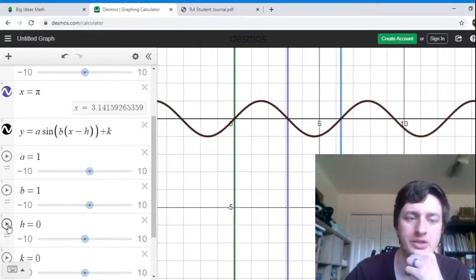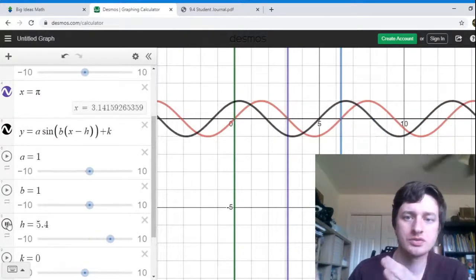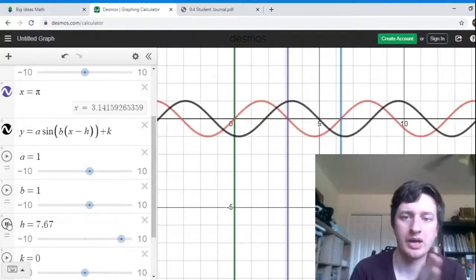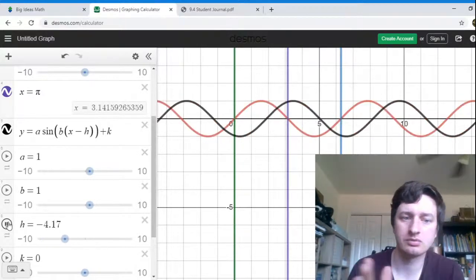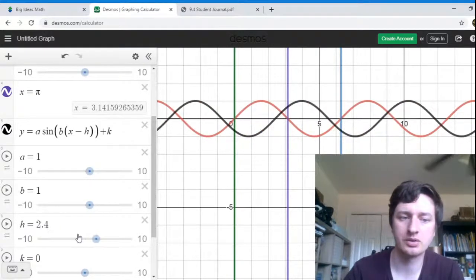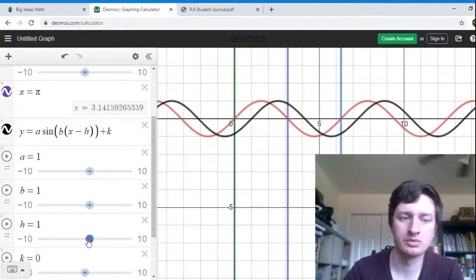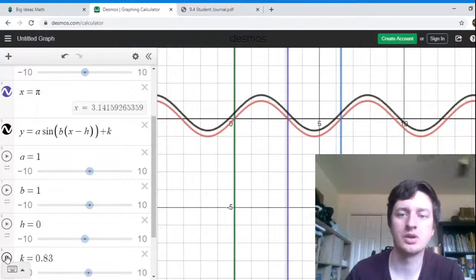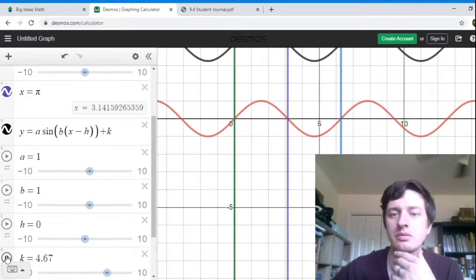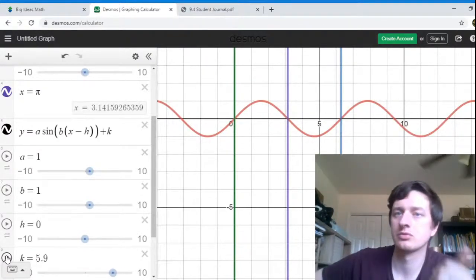Okay, and then H is inside. When I change this, it shifts it back and forth. So now it's going left, left, left, and now it's going right, right, right, back to 0. And with K, we can shift it up and down. Right, all the way up, all the way down, and then back.